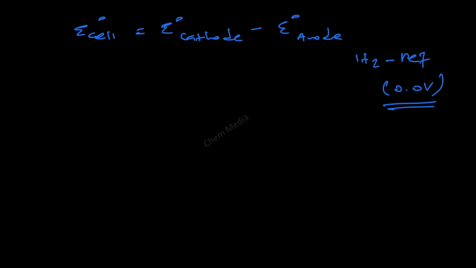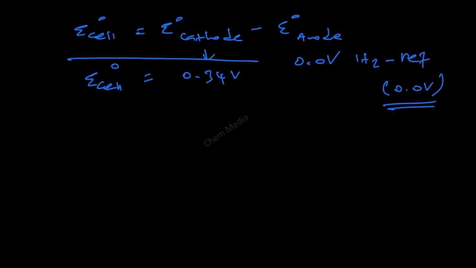And the platinum acts as an inert conductive metal substrate that facilitates the redox reaction between H2 and H plus in the standard hydrogen electrode. So this value is 0.0 volt, and for the cathode the value is given as 0.34 volt. So the Ecell standard value is 0.34 volt.